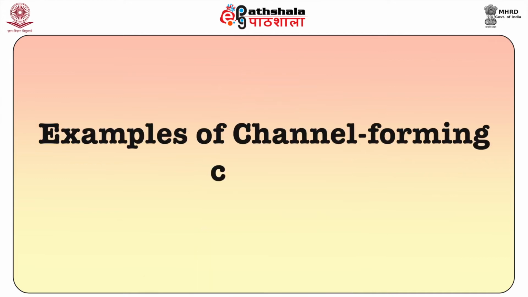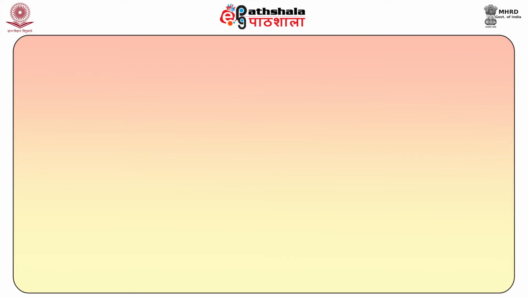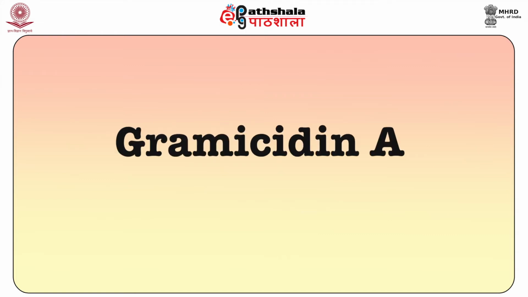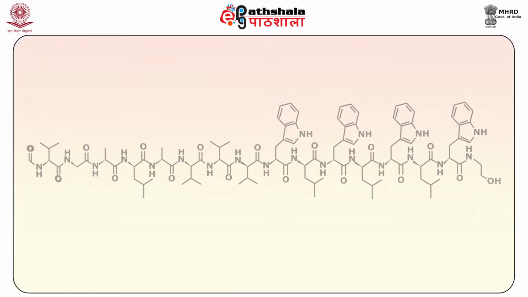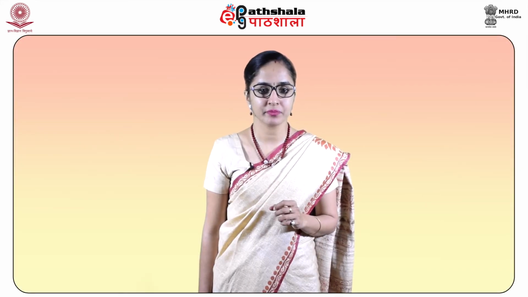Now, let us study some examples of the channel forming carrier ionophores. First in this series is Gramicidin A. Gramicidin A is an example of a channel forming ionophore. As a linear peptide of only 15 amino acid residues, all with hydrophobic side chains, it is best characterized as the simplest ion channel carrier.